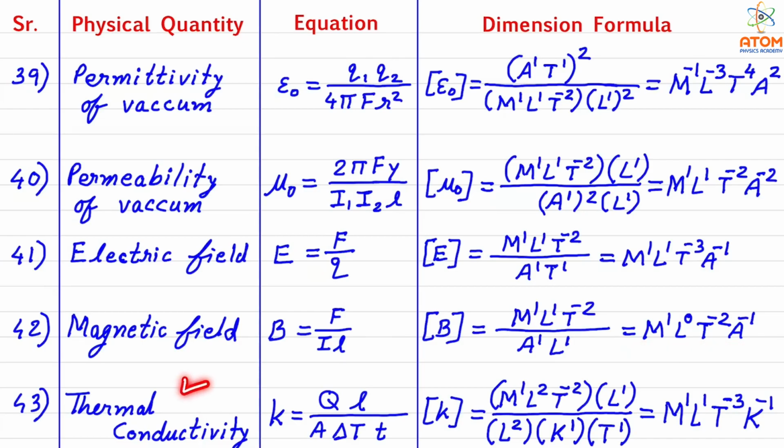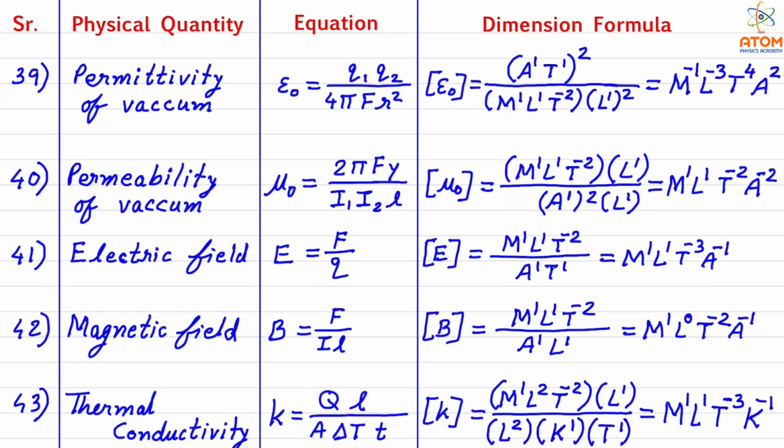Then thermal conductivity. Thermal conductivity is having an equation K is equal to small k. Note, this is small k. For thermal conductivity, small k. Small k is equal to QL upon A delta T and small t. This Q is heat.